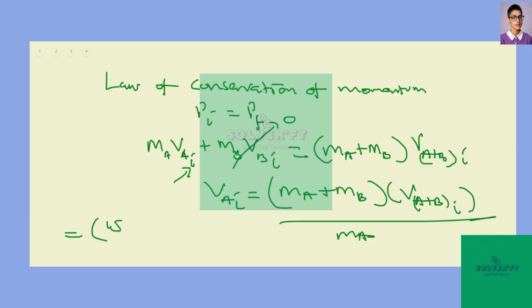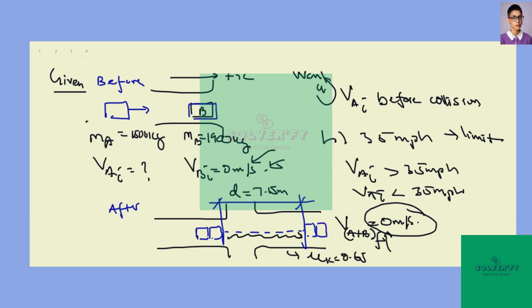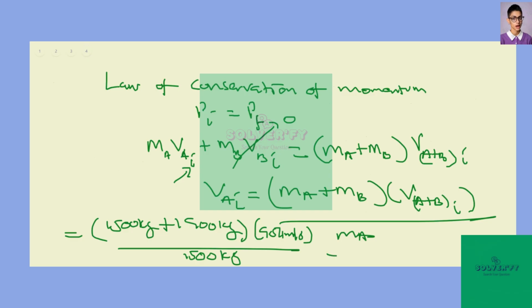We get 1,500 kilograms plus 1,900 kilograms times 9.54 meters per second. The mass of a is 1,500 kilograms. Just to go back and verify, you see the mass of a is 1,500. So that's what we're using. And so the initial velocity of a happens to be 21.6 meters per second. So we want to see if it's within the speed limit.